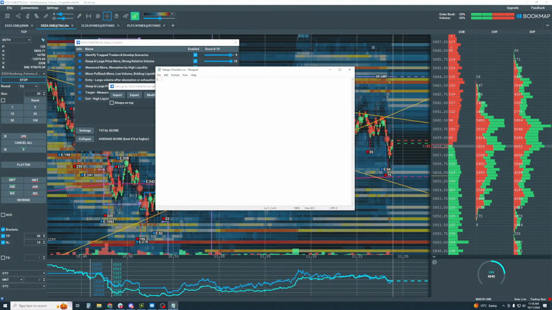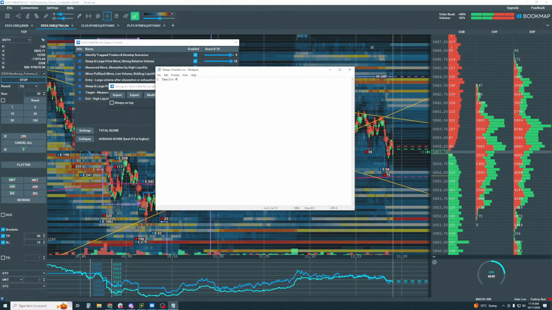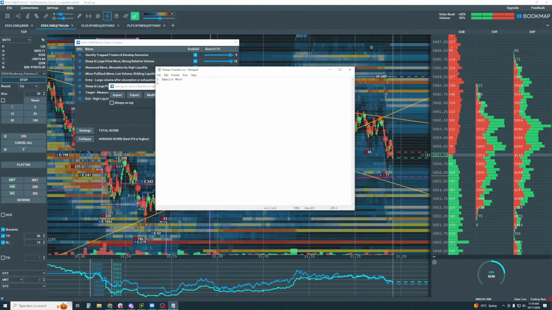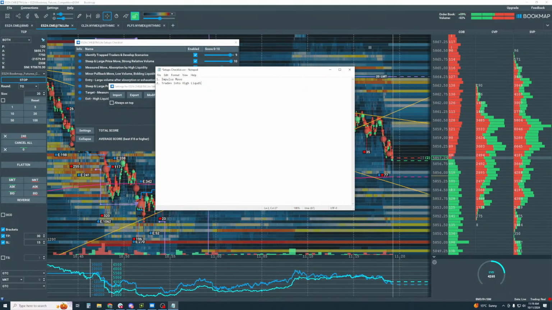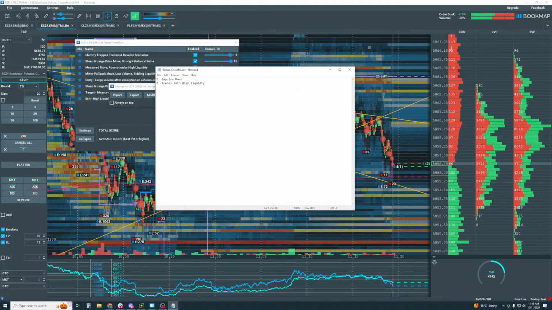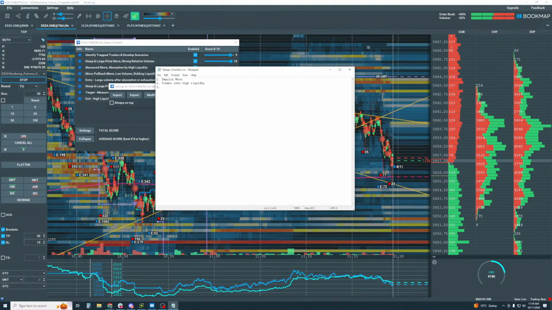All right, so number one, we're looking at impulse move. Strong impulse move followed by high liquidity, that trades into high liquidity. And then we're looking at number 3, low volume pullback.